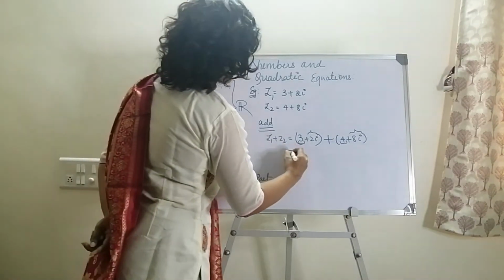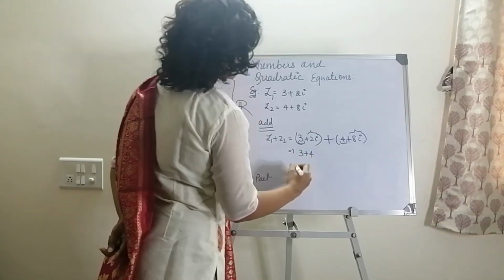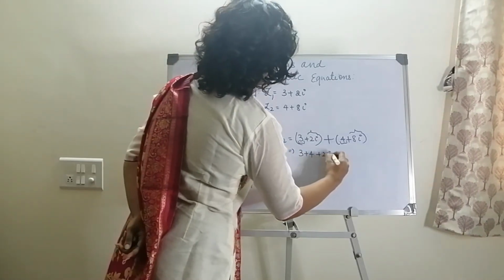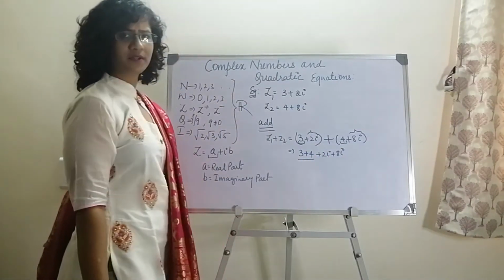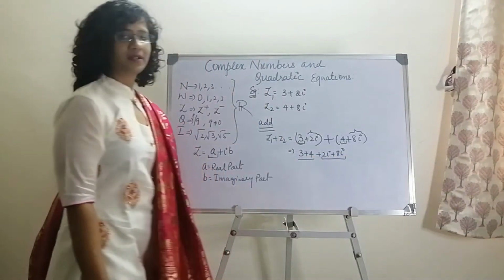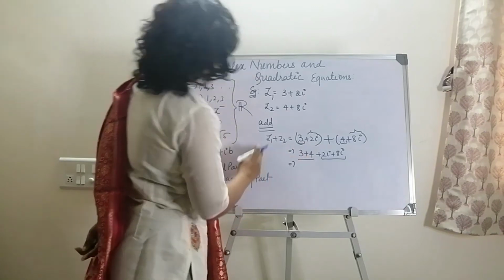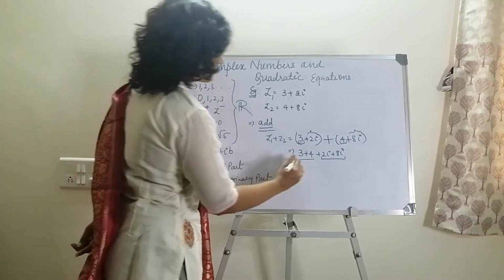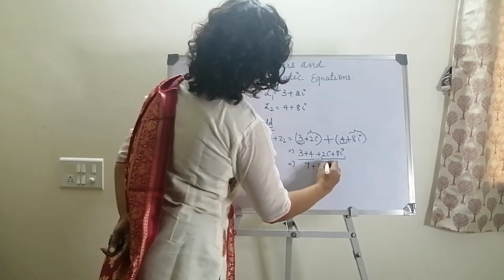So how do I write real parts with real parts? 3 plus 4, next I have 2i plus 8i. These two terms represent my real part and these two terms represent my imaginary part. So my final answer for addition becomes 4 plus 3, 7 plus 10i.